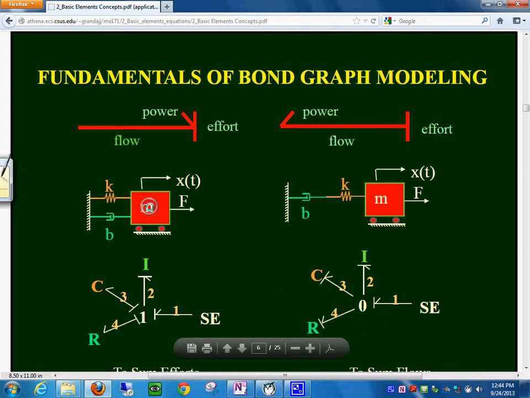This one has a constant velocity, so it's like this. How do you know that? Because if I move this, these are going to follow. So no matter what I do to M, K and B will follow.